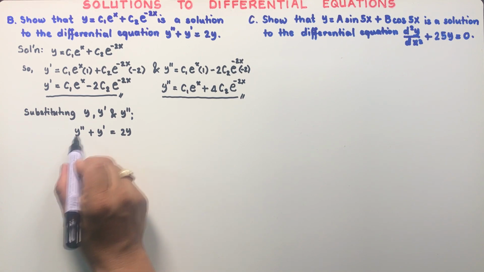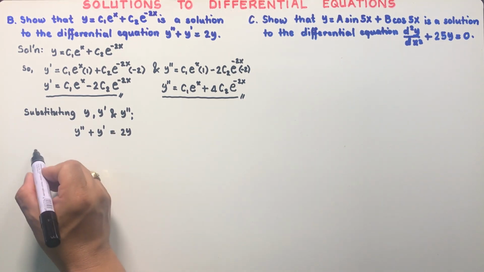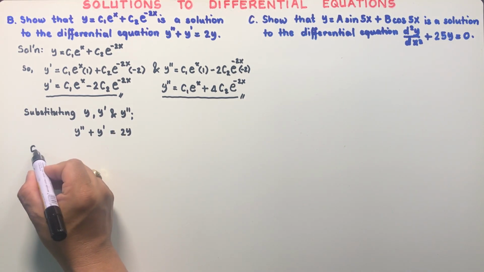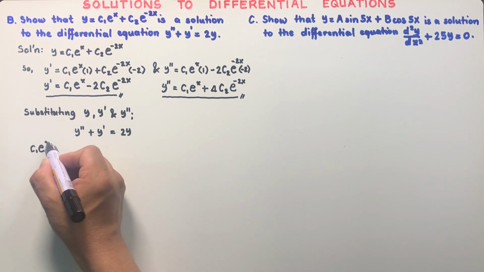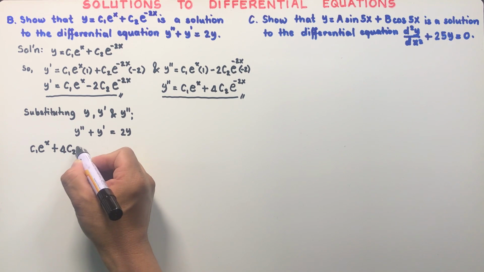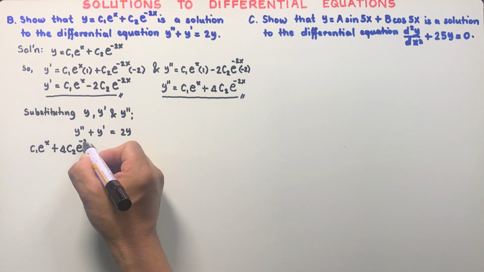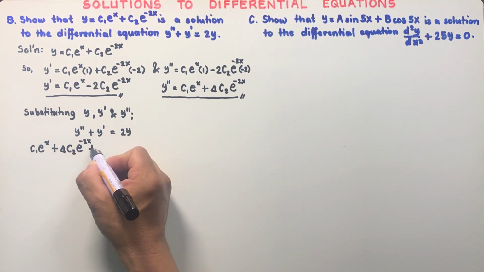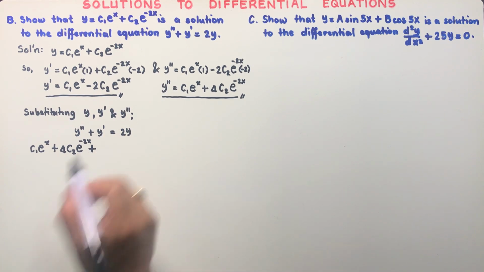But our y double prime is this, so we will write it here, c sub 1 e to the x plus 4 c sub 2 e to the power negative 2x plus the y prime.